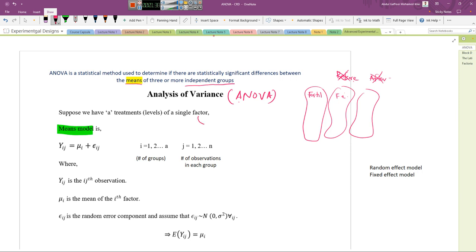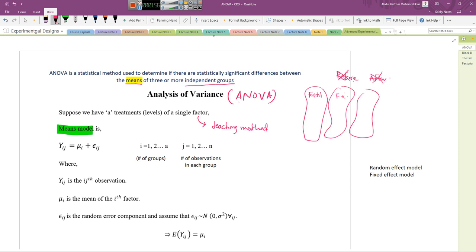Let's say our factor is the effect of fertilizer on plant growth. Otherwise, for a practical example, the factor can be teaching style or teaching method. Teaching method is our factor.